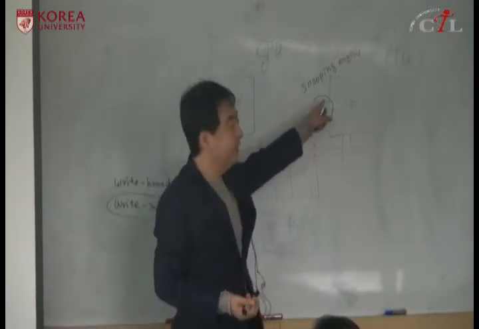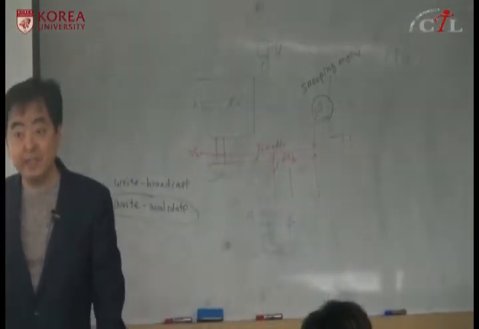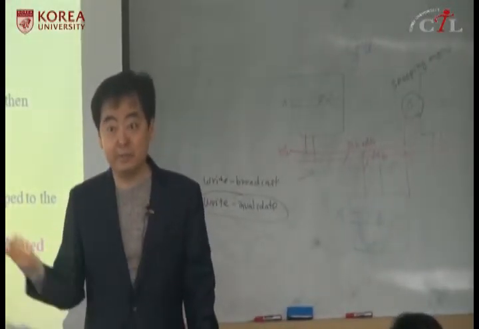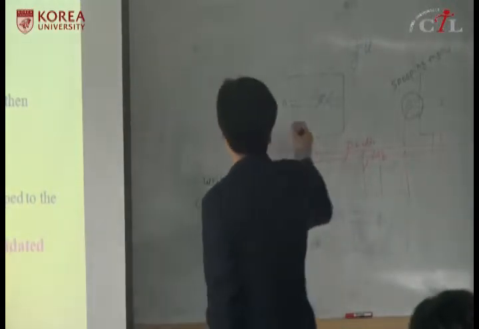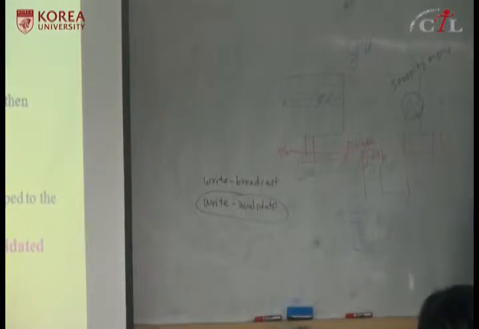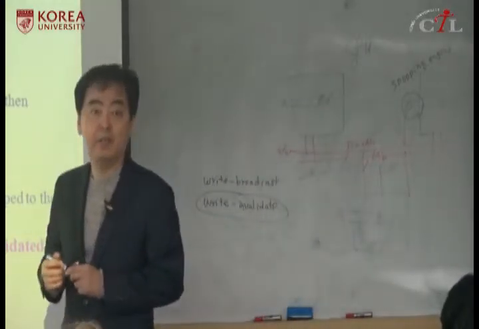Using this address, they look up their tag. If there is a match, a hit, then they have to invalidate, because it becomes old data, stale data. They have to invalidate. This is called snooping.